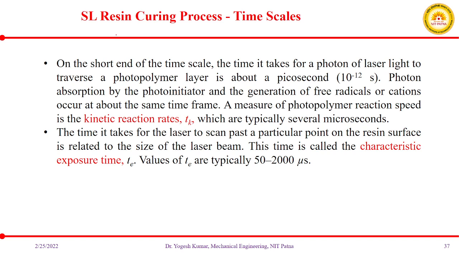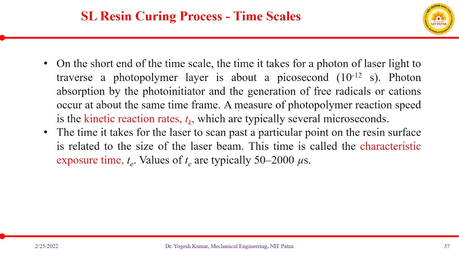Then it comes to the time scales. On the short end of the time scale, the time it takes for a photon of laser light to traverse a photopolymer is about a picosecond, that is 10 raised to the power minus 12 second. Photon absorption by the photoinitiator and the generation of free radicals or cations occurs at about the same time frame.